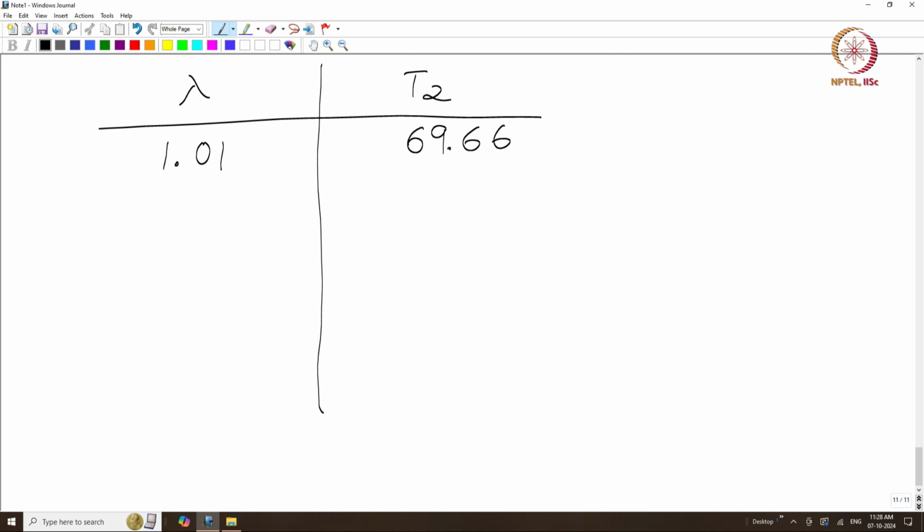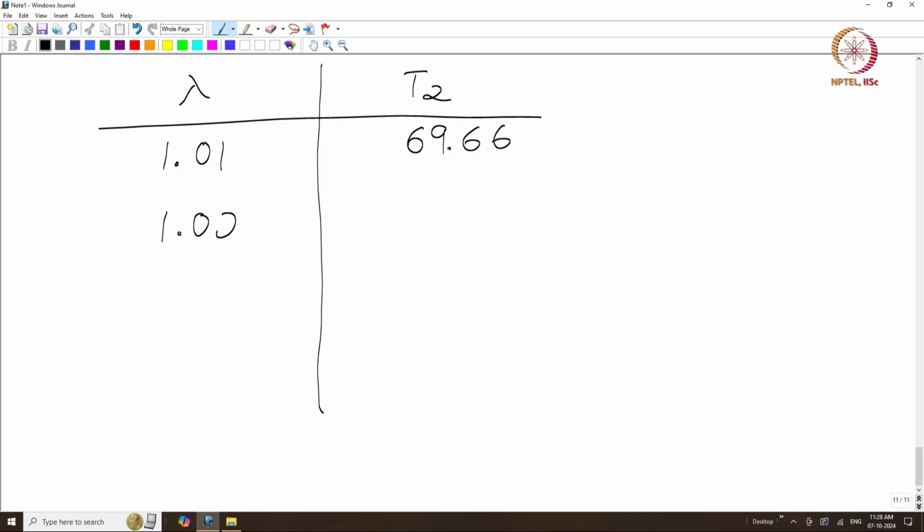Somewhere between 69 and 70 generations the population would have doubled. Now let us consider lambda to be 1.02, meaning that on average I am adding 2 individuals per 100 individuals at the end of one generation. Again, if it was a linear growth, it would take 50 generations to double, whereas in the geometric growth it would take 35 generations. I am writing here only up to 2 decimal places.